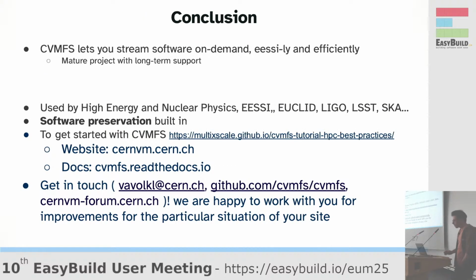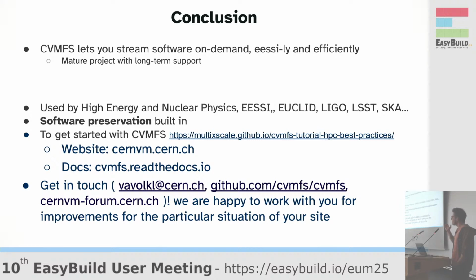So in conclusion, CVM-FS lets you stream software on demand. It's a mature project that really has long-term support, and I'm serious about this. It's a mission-critical piece of software for the CERN experiments, and this is going on until at least 2040.